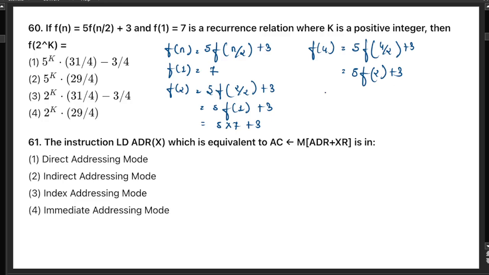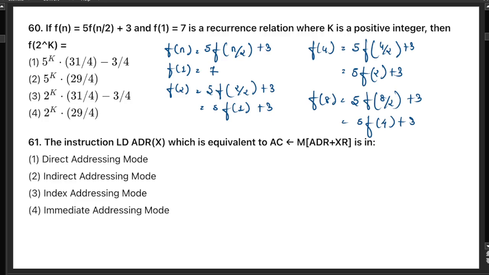Now if we substitute f(8) in this, it will be 5 f(8/2) plus 3. We don't have to solve this, we just have to substitute the value and see what functions are coming. So this will be 5 f(4) plus 3.